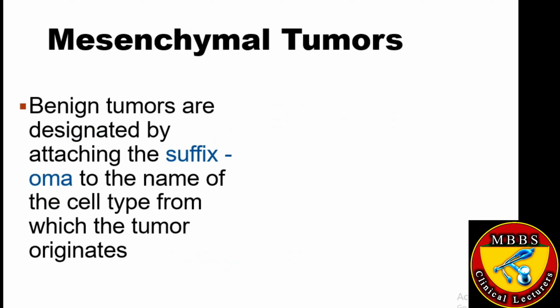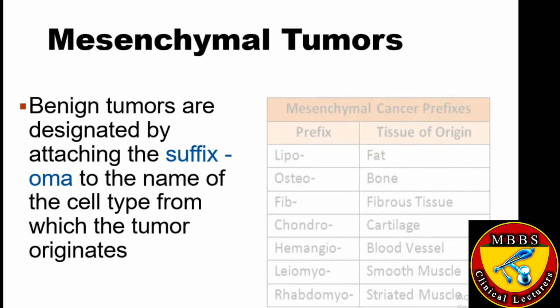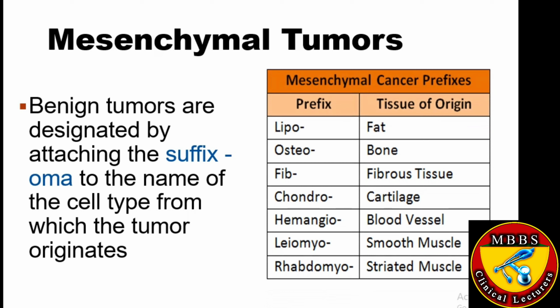For benign tumors, as I explained to you, we add the suffix oma. It is very important to remember the name of the tumor because this is what the classification of tumors is all about. When we talk about the prefix and the suffix, when a tumor arises from fatty tissue, we call it lipoma.